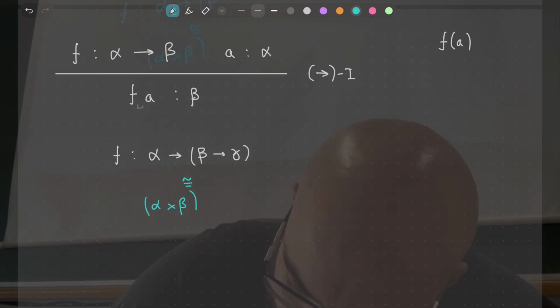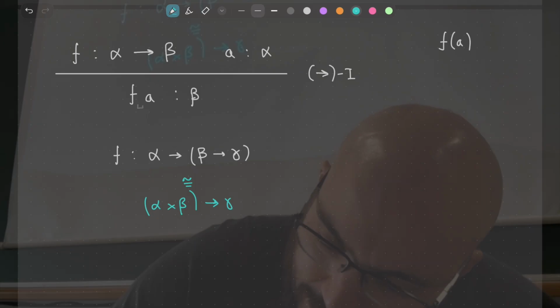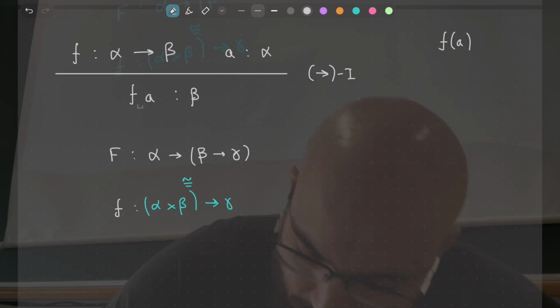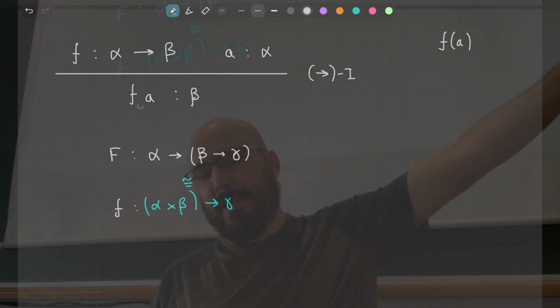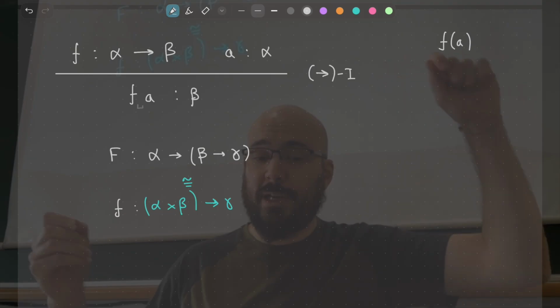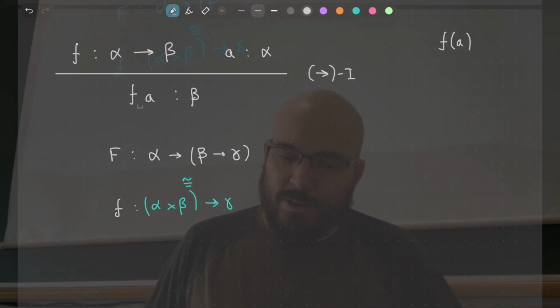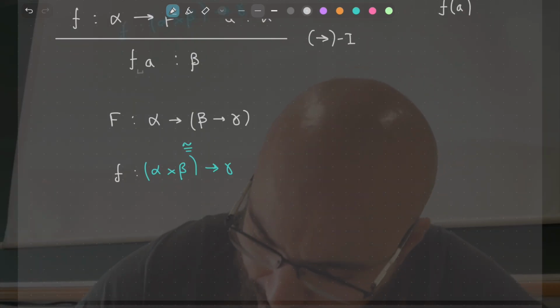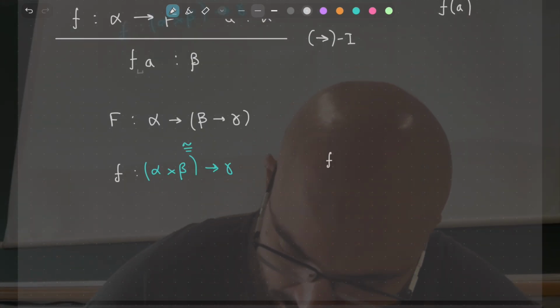It's not the same, it's just isomorphic, which means that if somebody has, let's call it big F, and this, let's call it small f, whatever you can do with the big F, I can do with small f, and vice versa, almost. But how would I call the small f? I will need to give it an element of its type.